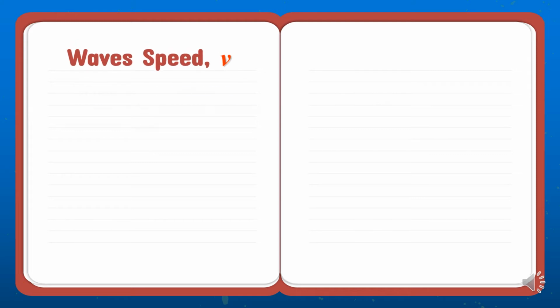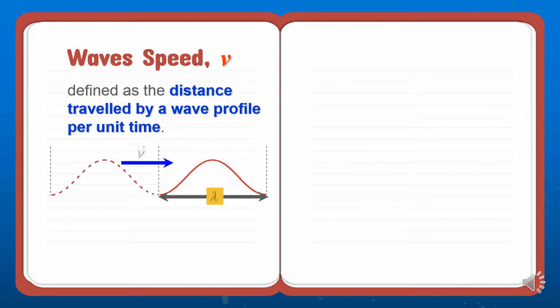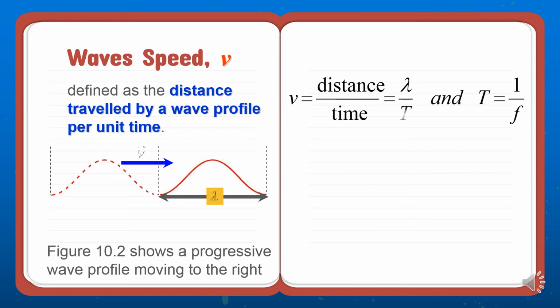Wave speed is defined as the distance traveled by a wave profile per unit time. Figure 10.2 shows a progressive wave profile moving to the right. According to the figure, the wave profile is represented by lambda. Wave speed equals distance over time, where distance is represented by the wavelength and time by the period.